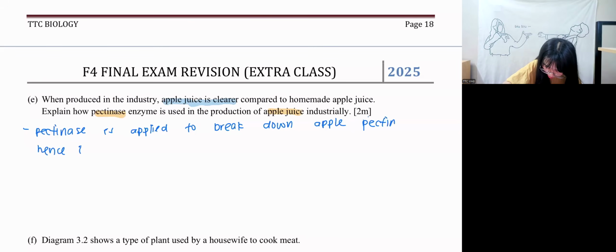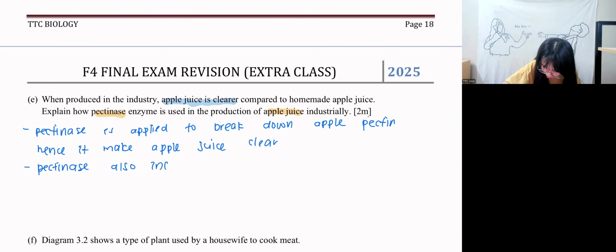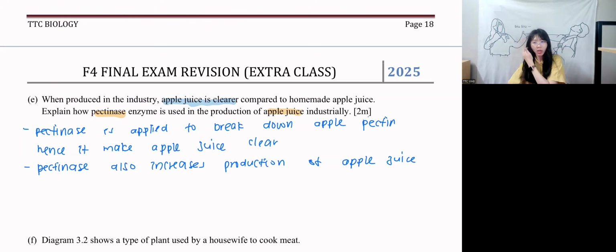Hence, it makes apple juice clear. Then pectinase also increases production of apple juice.